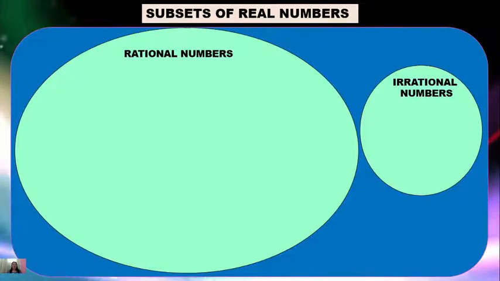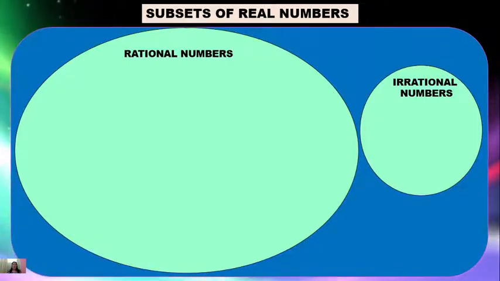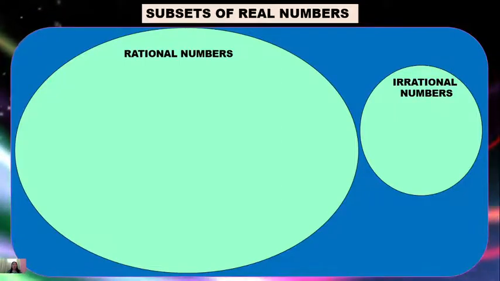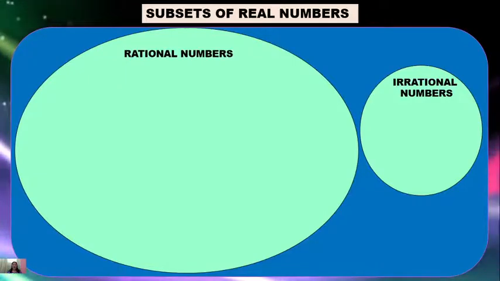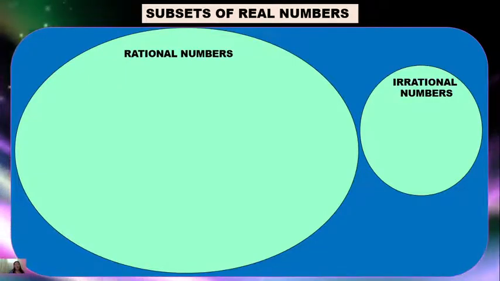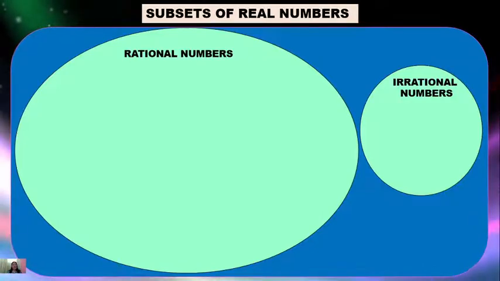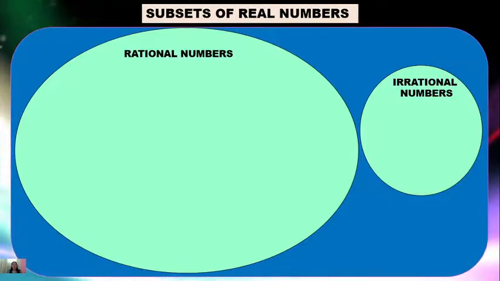So when we say rational number, it is a number that can be expressed as a ratio between two integers, just like a over b, where b is not equal to 0.